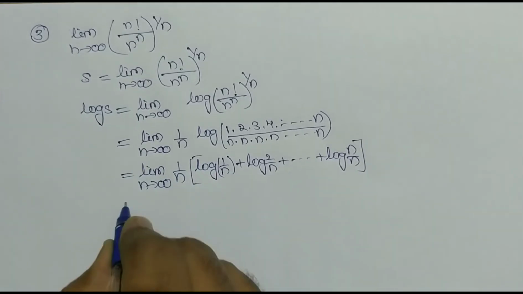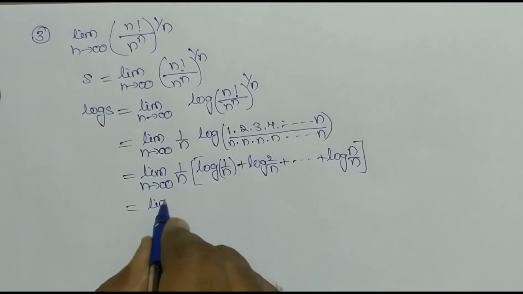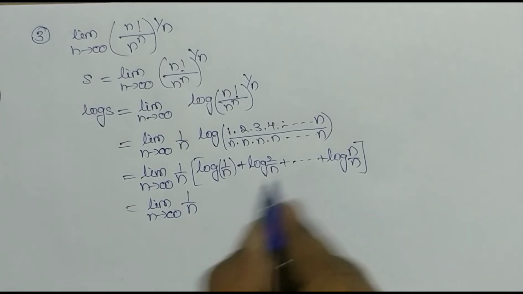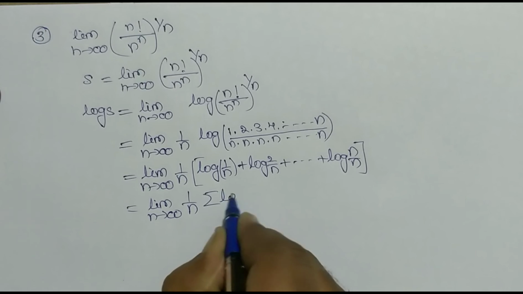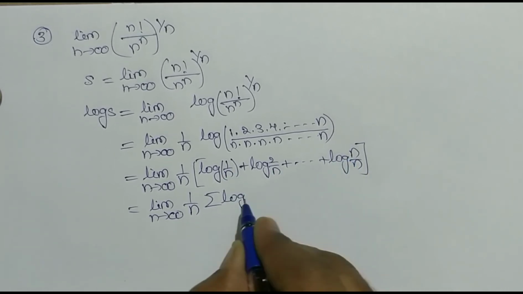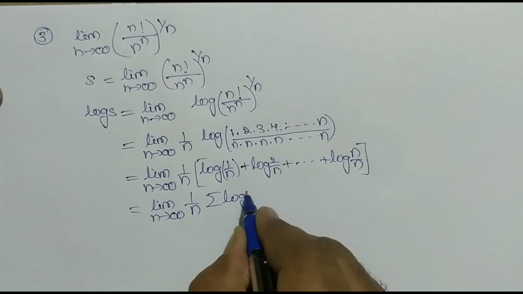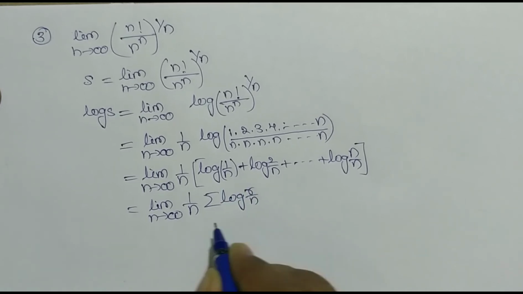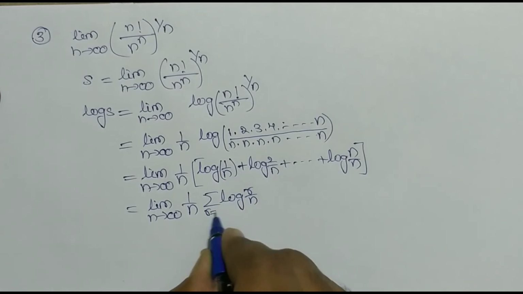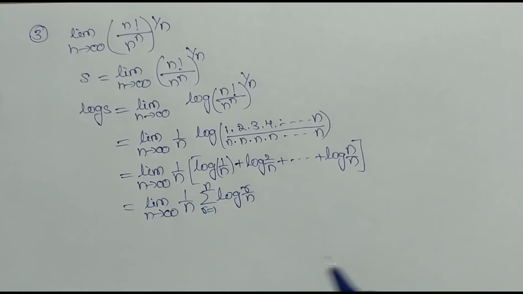Now we can write limit n tends to infinity 1 upon n, summation log r by n, where r is varying from 1 to n.